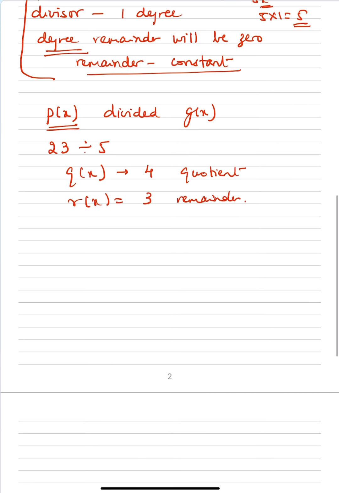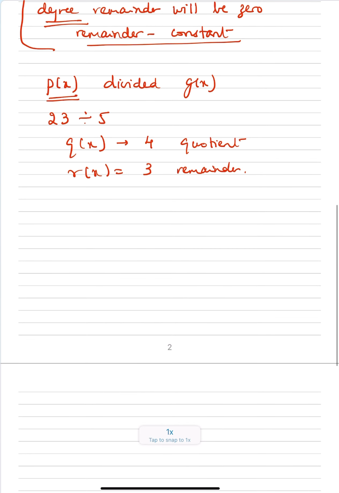And we can say that the dividend p of x is nothing but the divisor g of x into the quotient q of x plus the remainder.